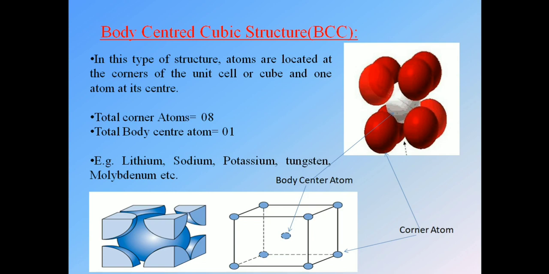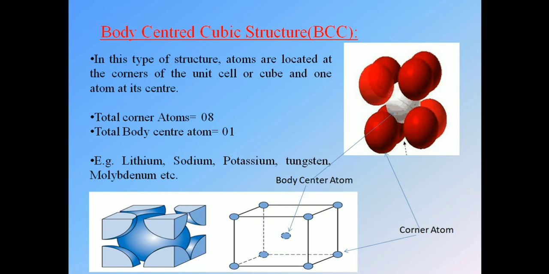The catch here is that you increase the size of the spheres such that every sphere has the same radius, meaning the radius of the body centered atom and the radius of the corner atoms will be exactly the same. So in this case the body centered atom touches all the corner atoms.